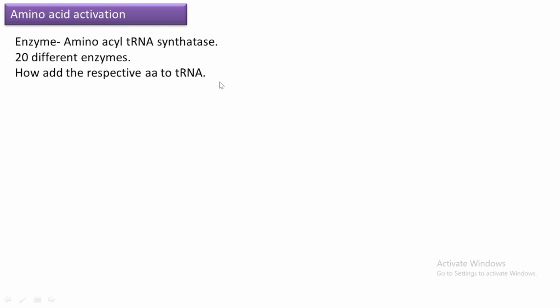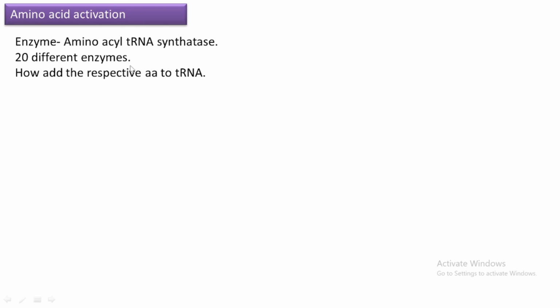That process is called amino acid activation, and the enzyme necessary for attaching the specific amino acid to its corresponding tRNA is aminoacyl tRNA synthetase. In a cell, there are 20 different aminoacyl tRNA synthetases. Why?